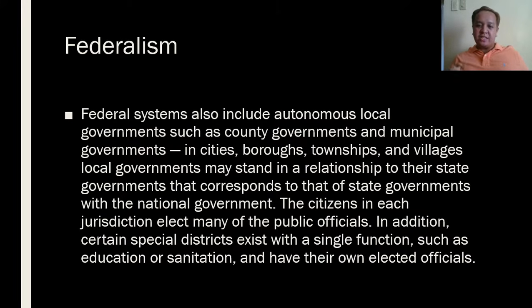Now, a federal system also includes autonomous local governments such as county governments and municipal governments in cities, boroughs, townships, and villages. Local governments may stand in relationship to their state government that corresponds to that of state governments with the national government.